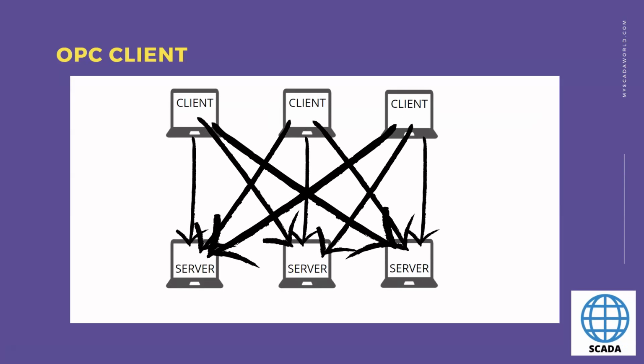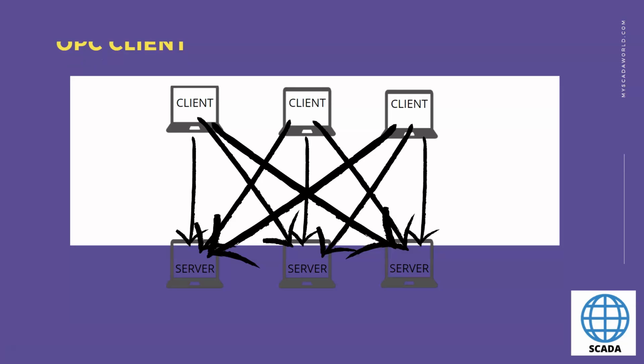So any OPC client can read data from any OPC server, as you see on screen. The first client can read data from the first server, second server and third server, and the same with the second client and the third client. It's really nice.